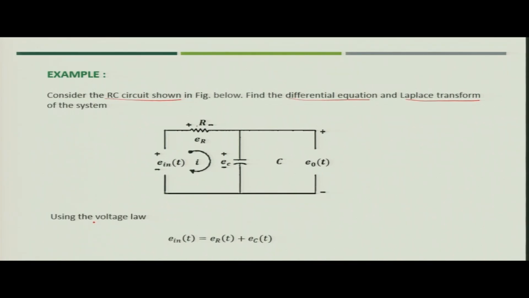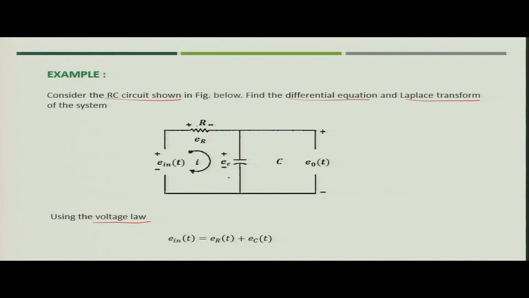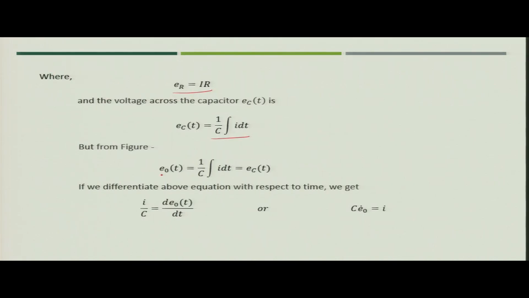Using Kirchhoff voltage law, you can write the input E in is nothing but the drop across resistance and the voltage across capacitance. So, ER is nothing but IR, and EC you can write as 1 upon C integral I dt. If you see this figure, EC is nothing but E naught, that is the output. So, you can also write E naught equal to 1 upon C integral I dt.